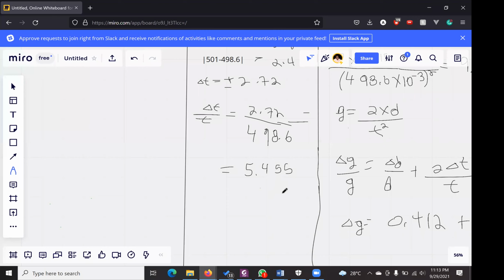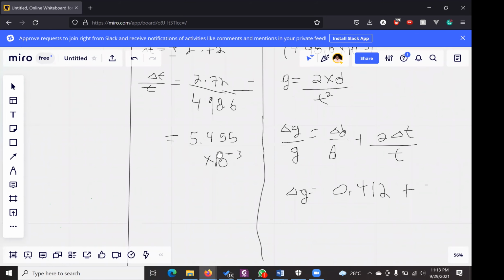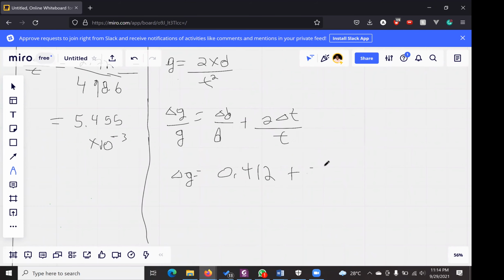Exactly that, delta D over D. You're doing 0.005 over 1.215. Yeah. Use your brackets. I'm going to get 0.004, and that's on my calculator.